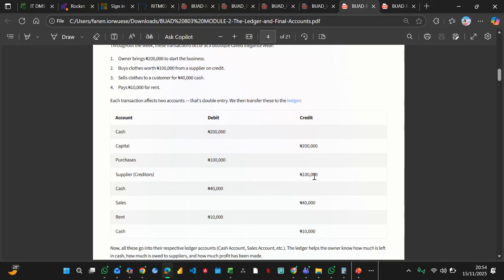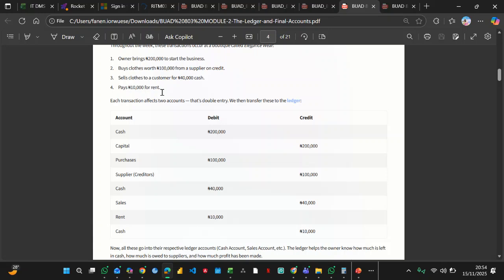He buys clothes worth this on credit, so it's going to be 100K on this account here. Then this is cash, 40K cash again. He sells clothes to a customer for 40,000 naira cash. So on the sales it is credit.